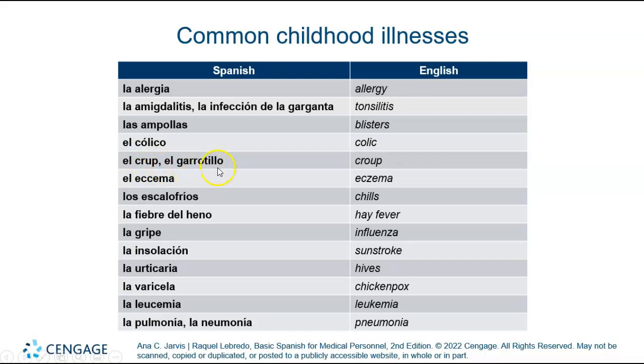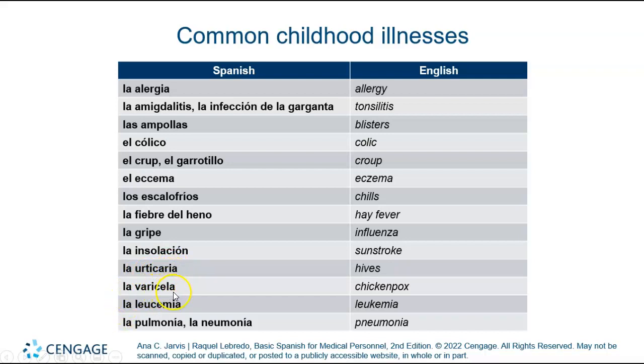El garrotillo. El eczema. Los escalofríos. La fiebre del heno. Heno for hay. La gripe for flu. La insolación. La urticaria. I'm sorry, that's not urticaria because you don't split the I and the A. Urticaria.